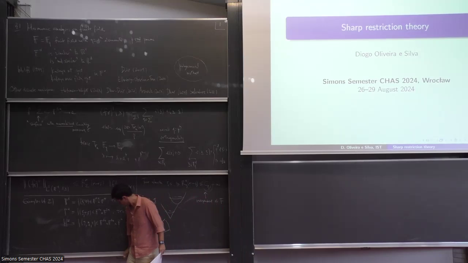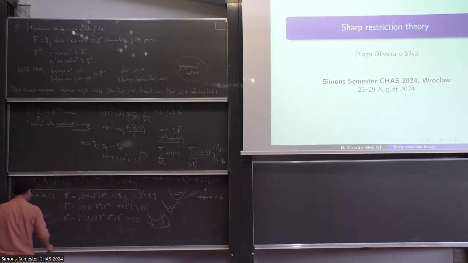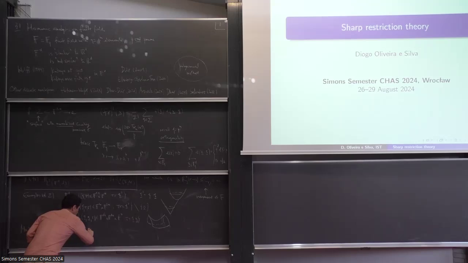All right, so this version of the extension problem was first considered by Mockenhaupt and Tao. They have a nice 2004 paper in which they proved that R sigma star holds from L2 to L4.